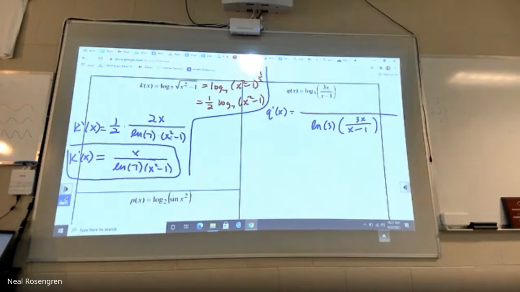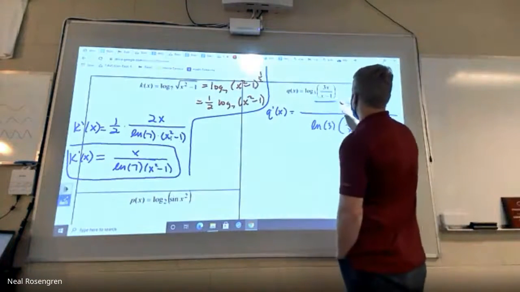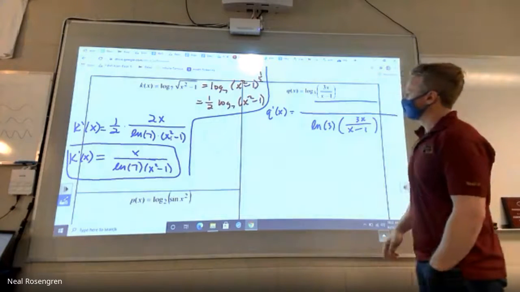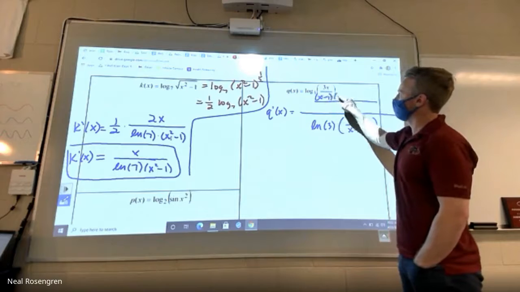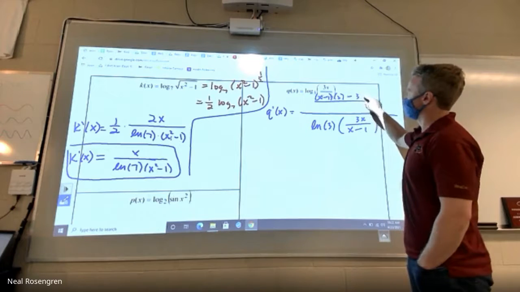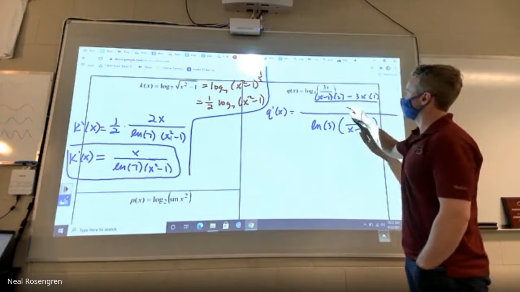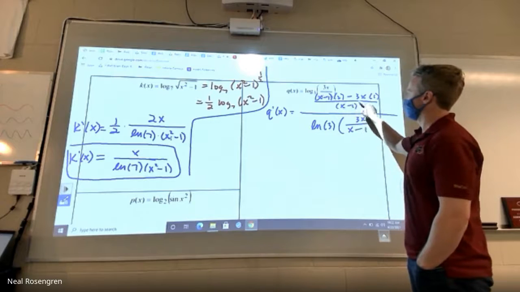To find the derivative of the argument, that 3x over x minus 1, that's a quotient. I need the quotient rule to do it. So we have this smaller fraction up here. v du minus u dv all over v squared.